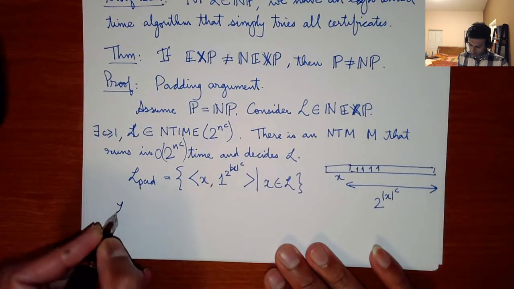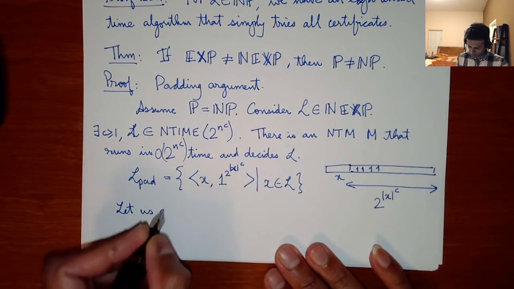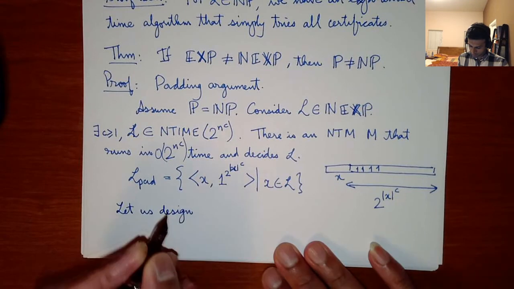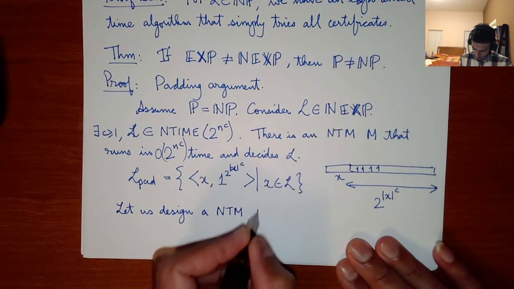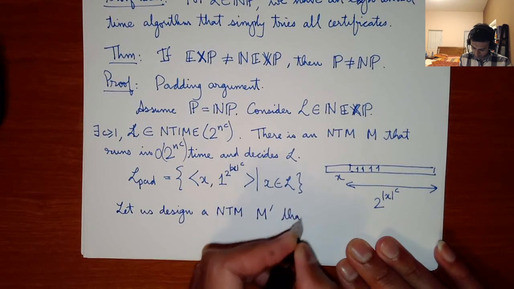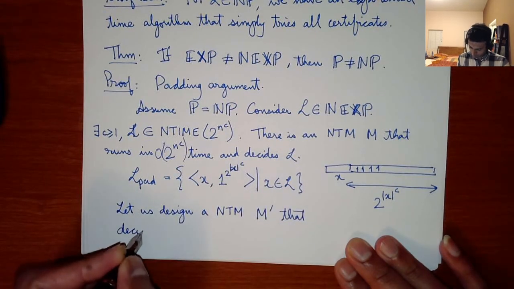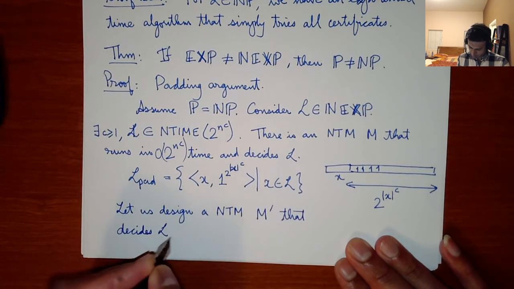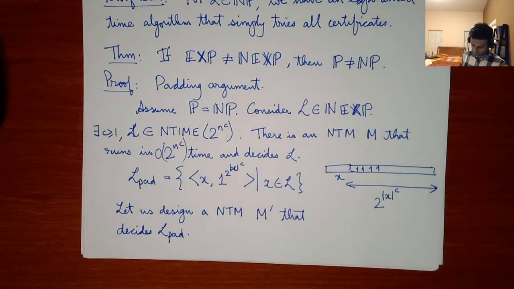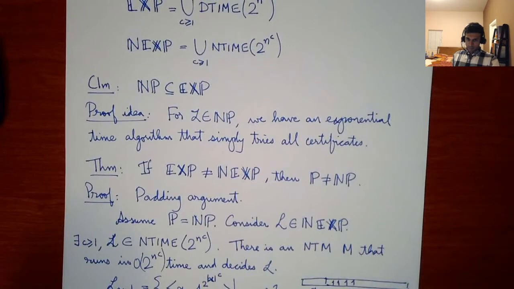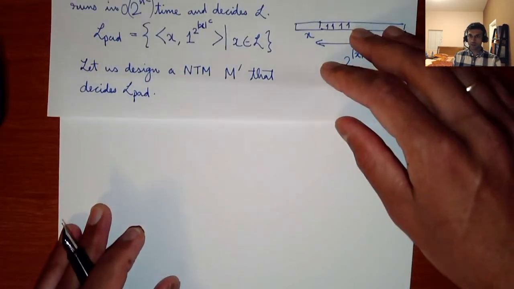So let us design a non-deterministic Turing machine M prime that decides LPAD. I'm just going to leave the definition of LPAD over here.